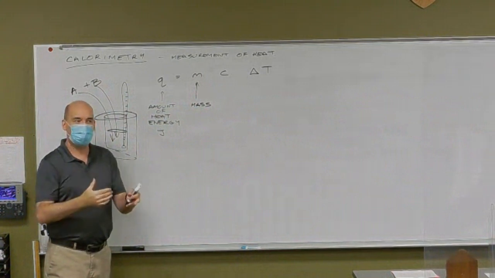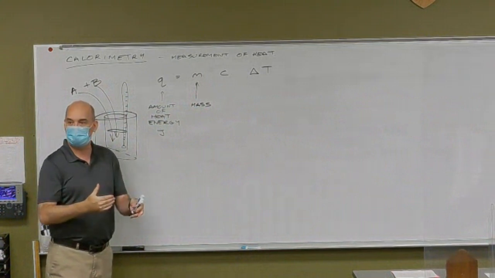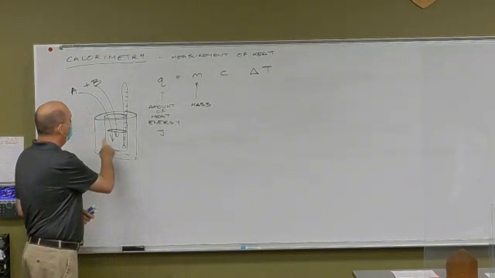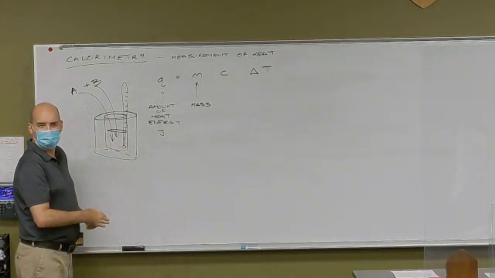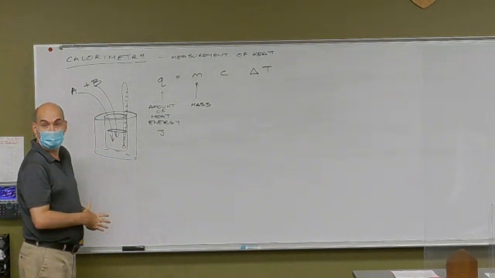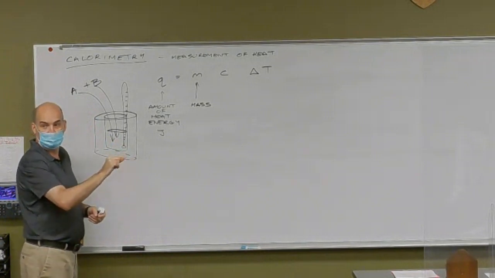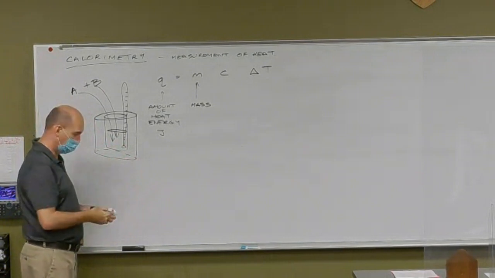So we might have to convert volumes into mass. That's a very easy thing to do because everything that we're going to do is dissolved in water. And the density of water is 1 gram per milliliter. So every milliliter I put into the reactor is worth 1 gram.